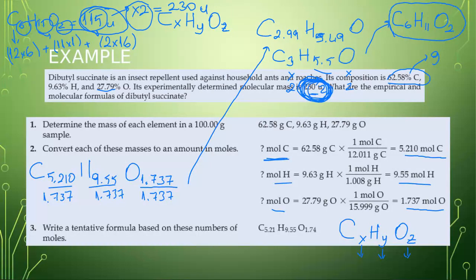Yes, that's right, Mariam. Thank you so much. X will be 12 and Y is 22, and Z will be 4. Yes, this is our molecular formula: for carbon atom 12, for the hydrogen atom 22, and for the oxygen atom 4.